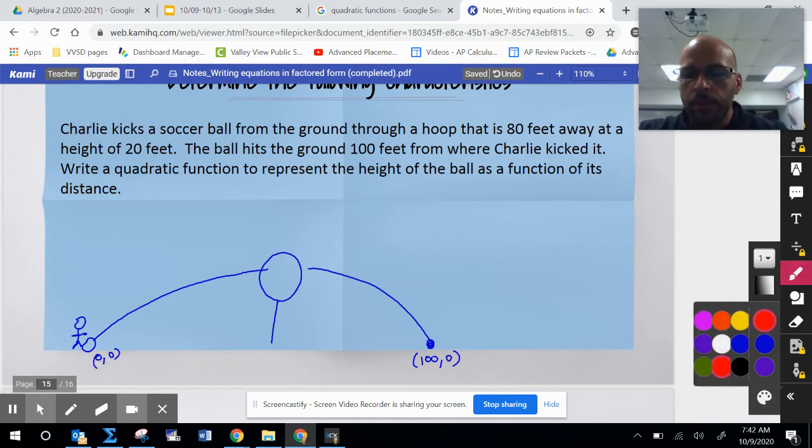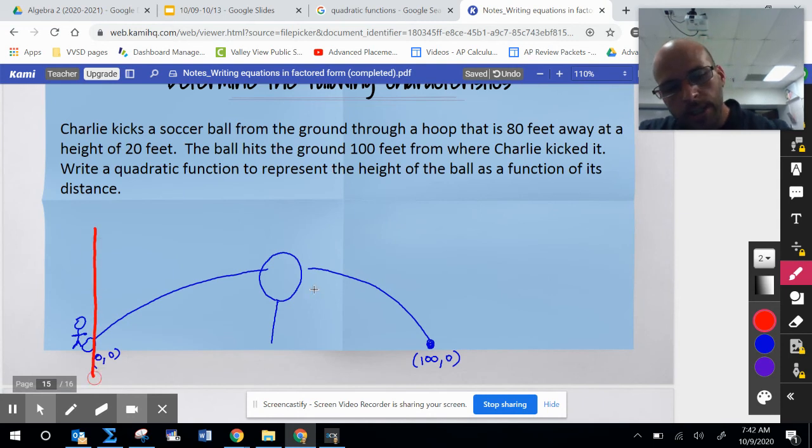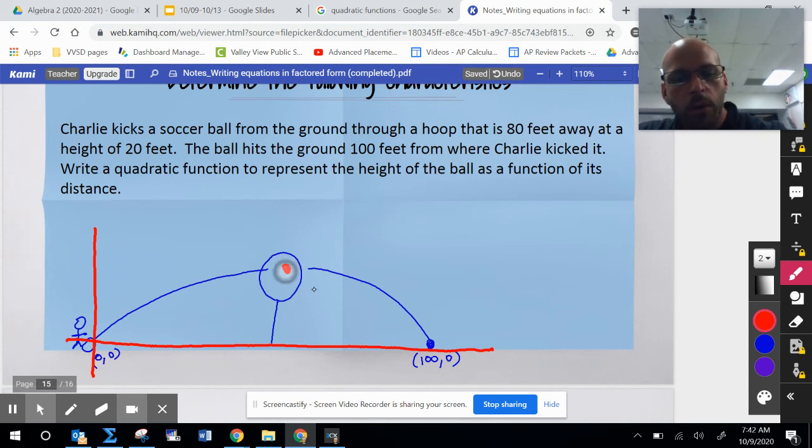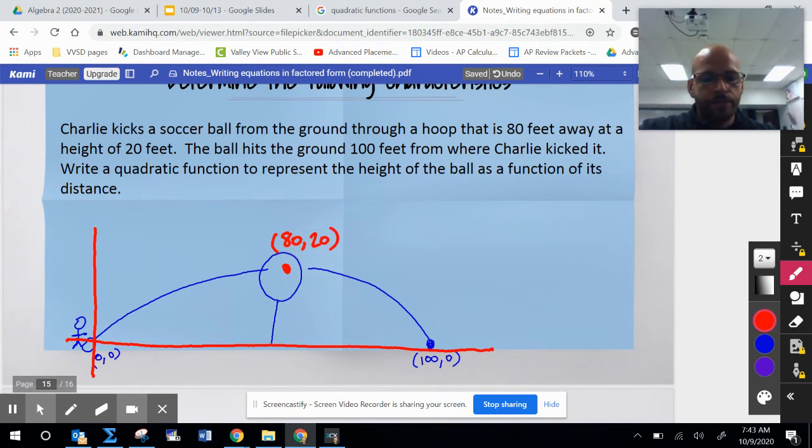I'm going to draw my x and y axis here, okay? So you guys can see my x-intercepts. Now, this point where it went through the hoop, it was 80 feet away and 20 feet up in the air.